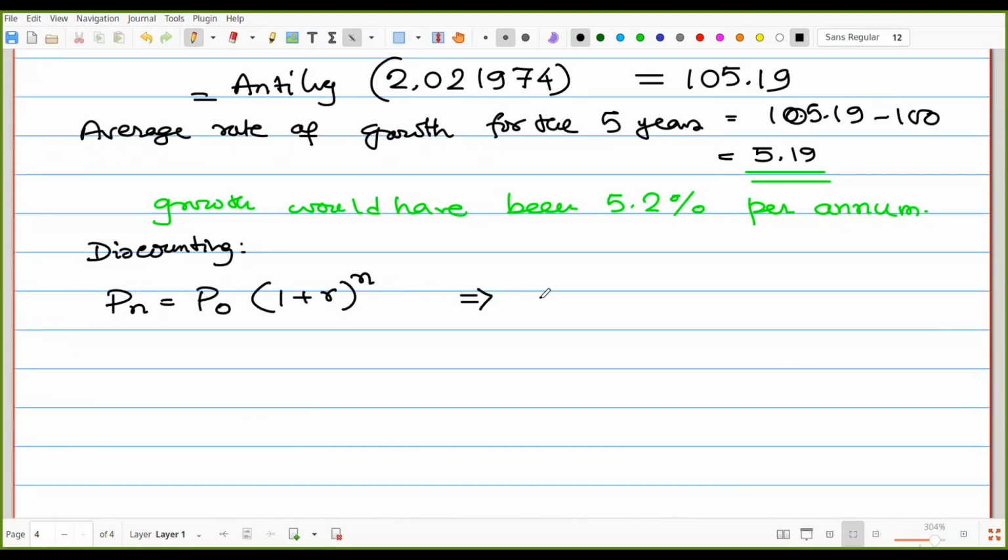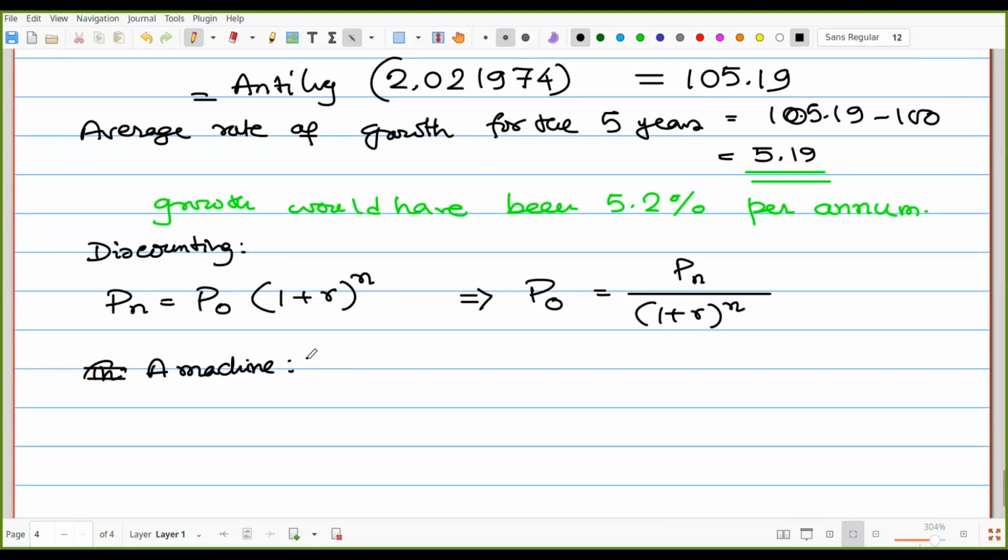So we can write P0 as Pn upon 1 plus R whole to the power n. That is the normal expression. Suppose a real life example: there is a machine in some company.